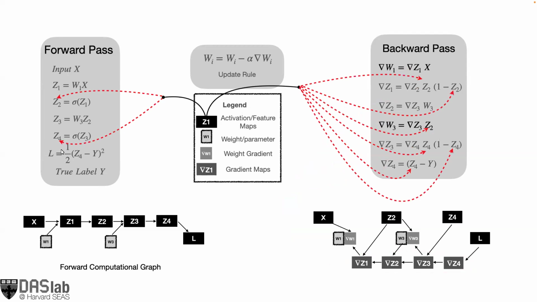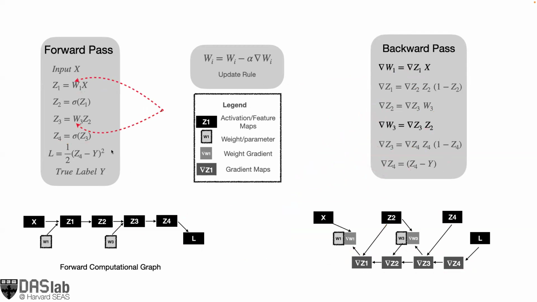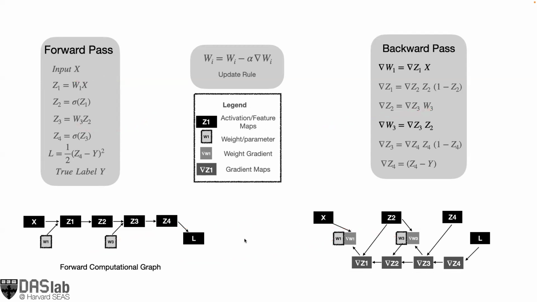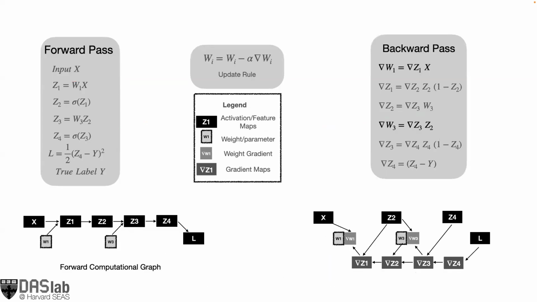They are calculated in the forward pass, but used in the backward pass. These W are the parameters of the neural network. We use them in the forward pass to calculate values, but they are updated in the backward pass. And last, delta W1 are the gradients of the weights, which are also generated and used in the backward pass only.